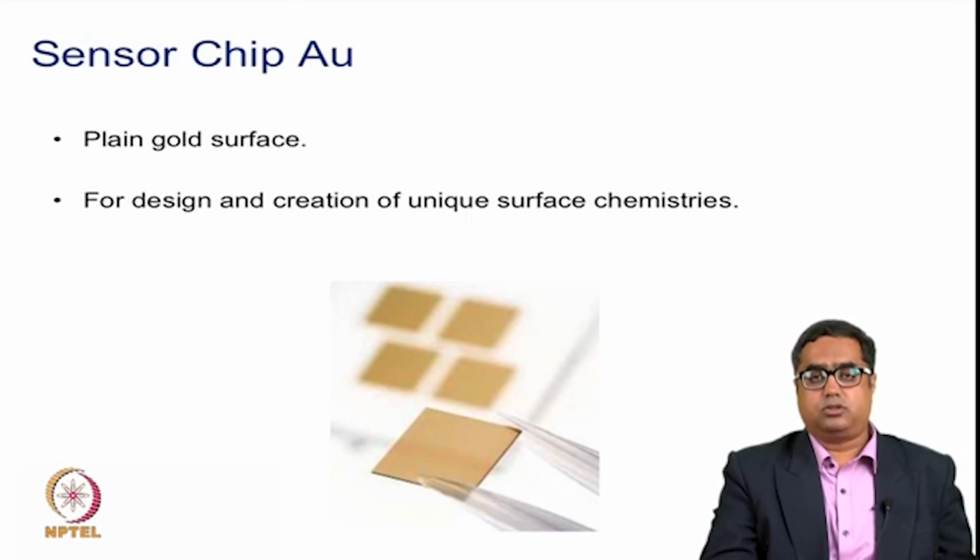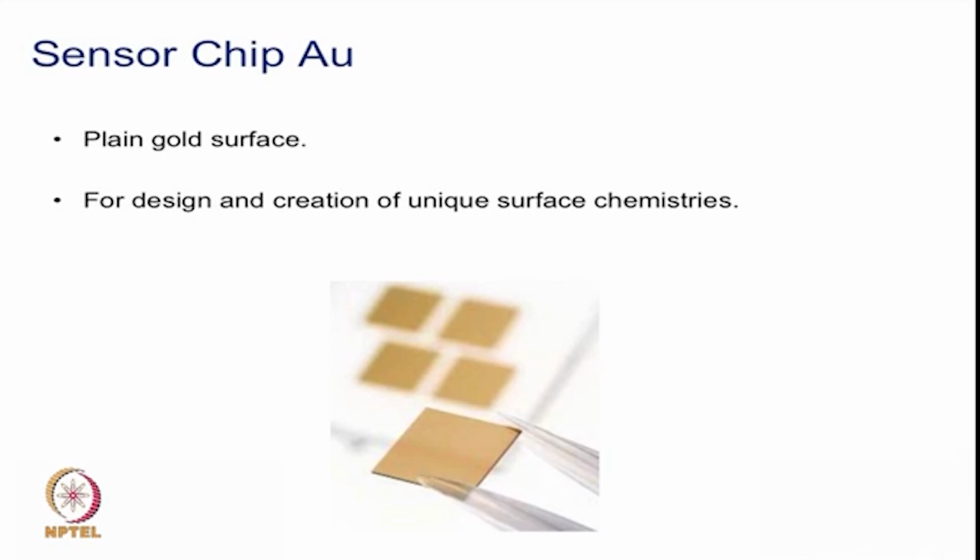Nowadays, there are also plain gold kits available, and these kits have portable gold surfaces. The portable gold surfaces can be taken into a laboratory, and you can do the required immobilization of the molecule and insert it into the chip cassette and then into the Biacore system for studying the interaction.